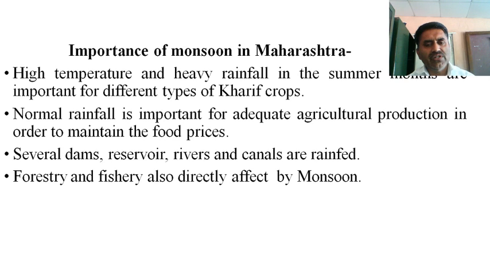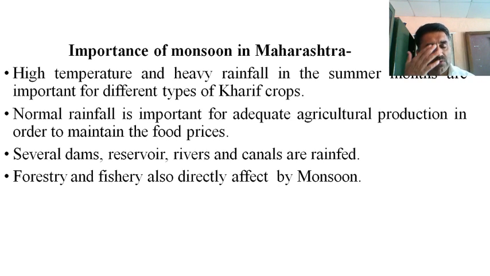Forestry and fishery are also directly affected by the monsoon. As we know, there is forestry throughout Maharashtra, particularly the Konkan region, and somewhere there is social forestry, somewhere there are NGOs who develop their forestry, and this forestry requires rainfall.